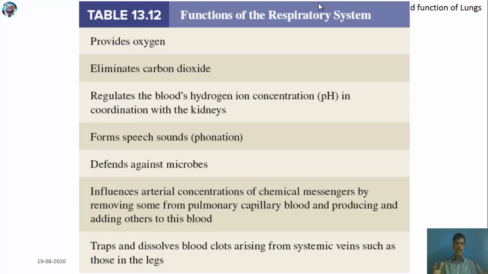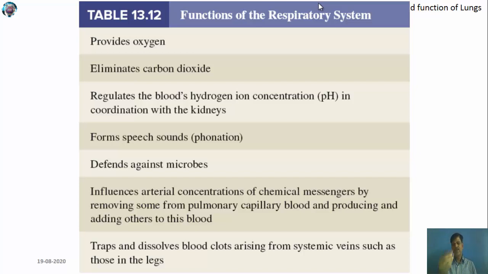Not only does it exchange oxygen and release carbon dioxide, in addition it maintains pH. It is responsible for our speech. It can also protect us from microbes, and it dissolves clotted blood. And those people who are affected by ketoacidosis, or those who have diabetes mellitus, you can smell acetone from their breathing.